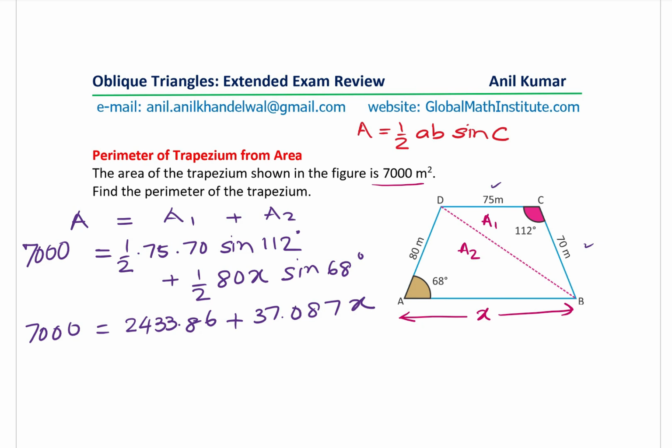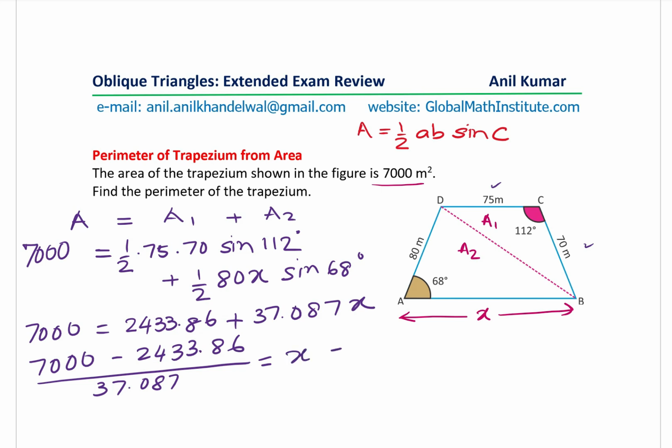Now we can isolate x by taking away from 7,000 the number 2433.86 and then dividing by 37.087 to get the value of x. So we have 7,000 take away 2433.86, divided by 37.087, and that gives us 123.1. So I'm just writing 123 approximately.